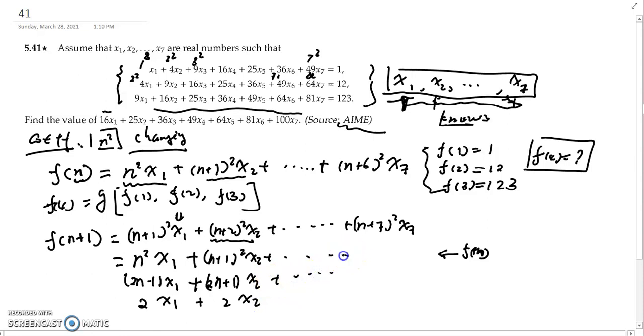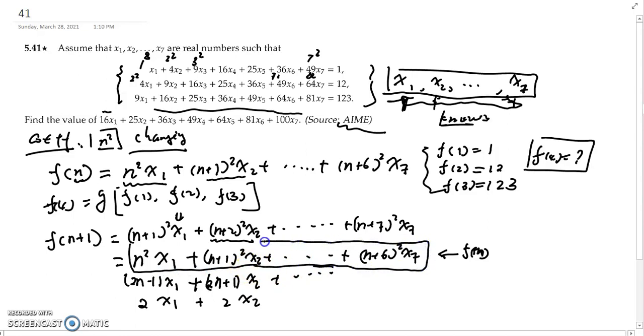Then plus, this one is n plus 6 square of x7. So this section is exactly what we already know, which is fn. Then we have plus 2n plus 11 times x7, plus 2x7.